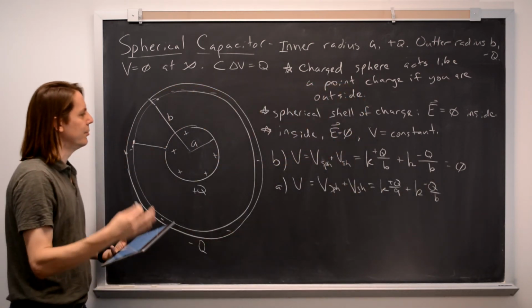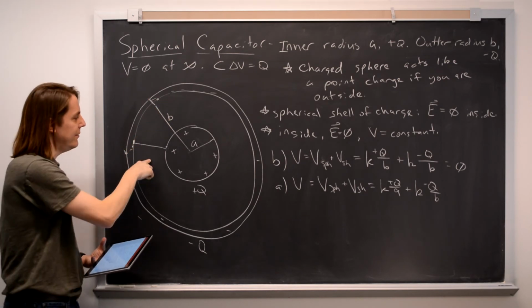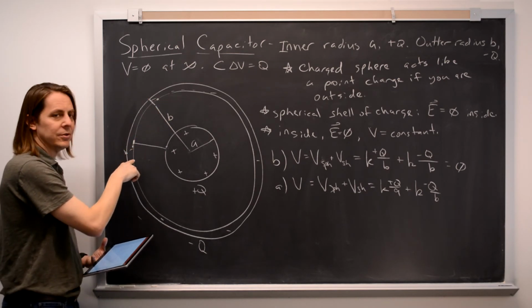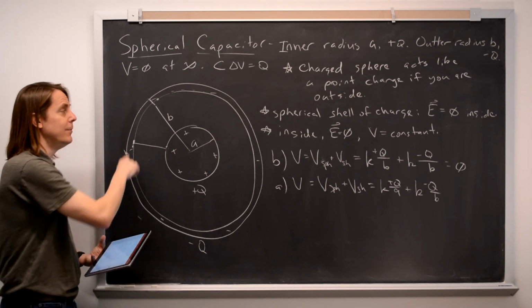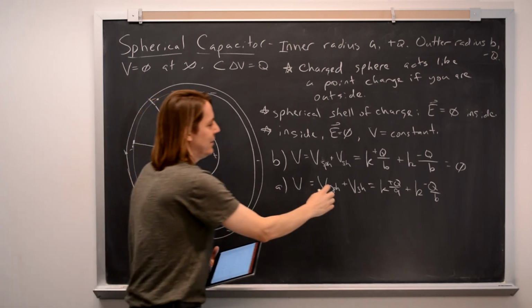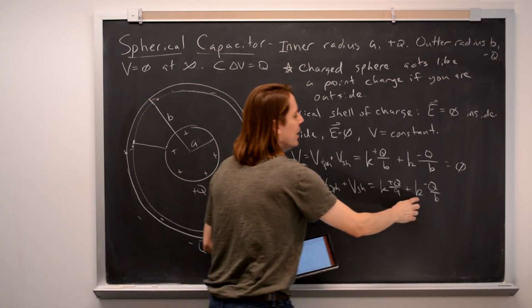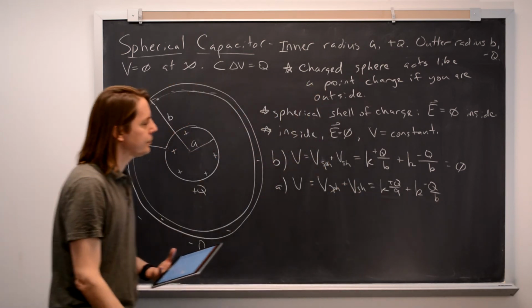I got that just from the property of an empty shell of charge. Empty shell of charge, E field inside is 0, and the potential inside is constant. If you're only considering the shell. This is going to change those values, but we are adding these two things as superposition. We already put in what this sphere does. Now we're putting in what the shell does.